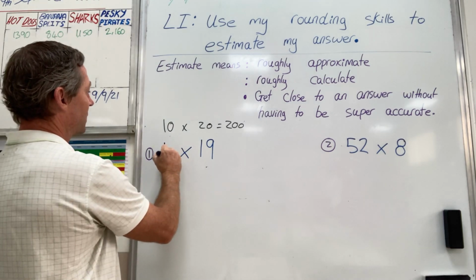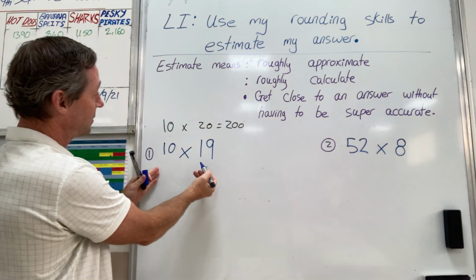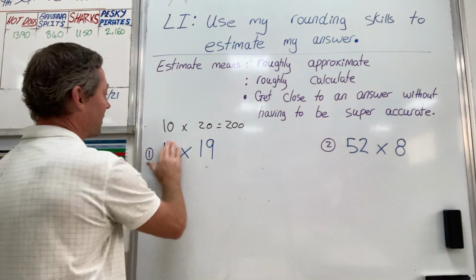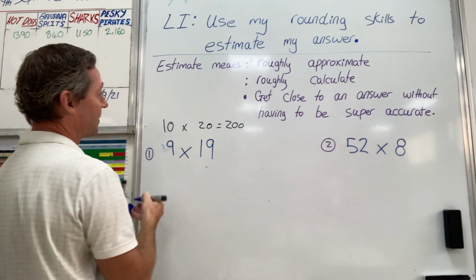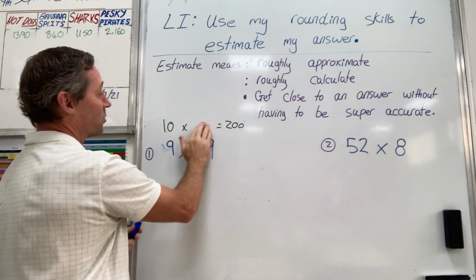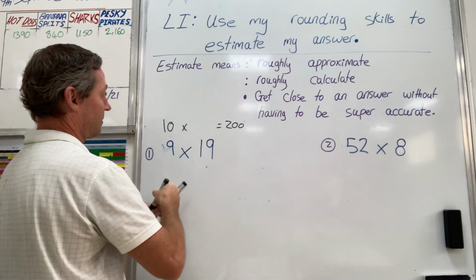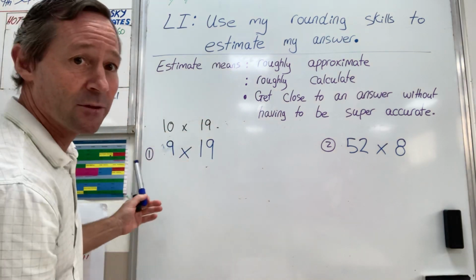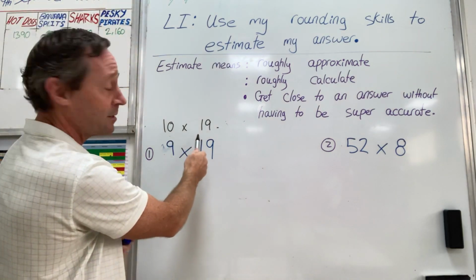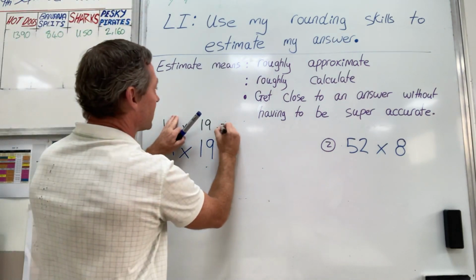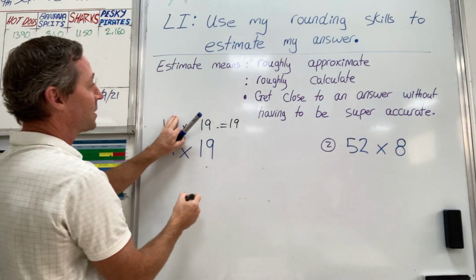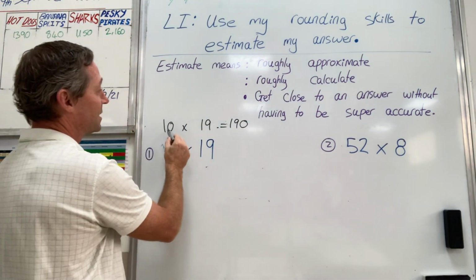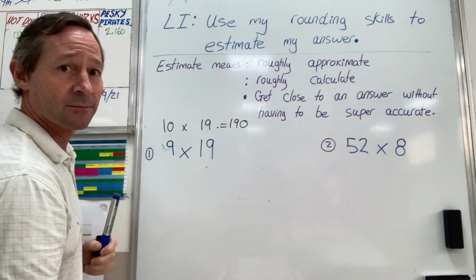If it was 10 times 19, you could actually keep the 19 and just change one of them, if you know your calculations. 10 times 19, well, I know 1 times 19 is 19, but because we're dealing with tens, I put the 0 on the end. So 10 times 19 must be 190.